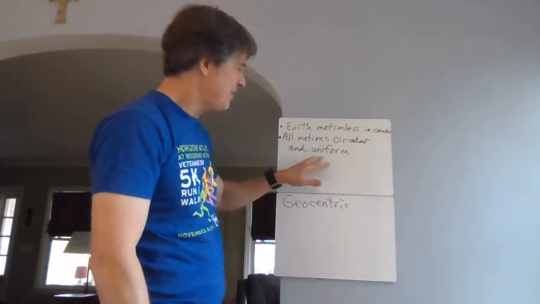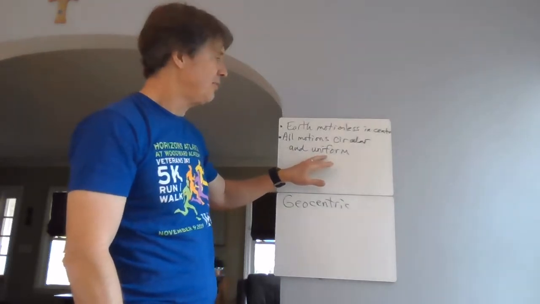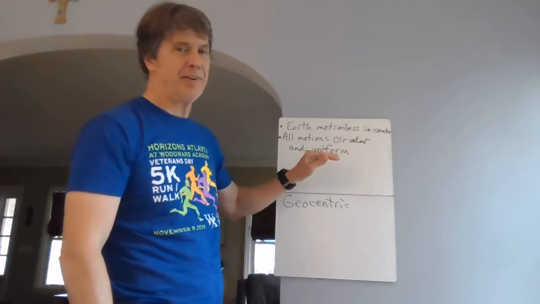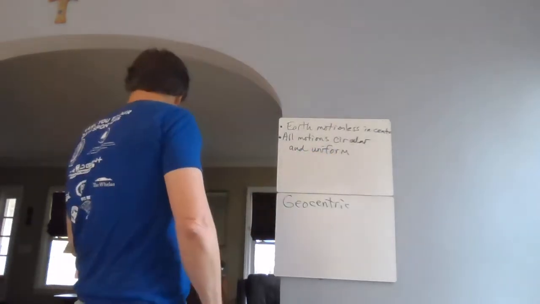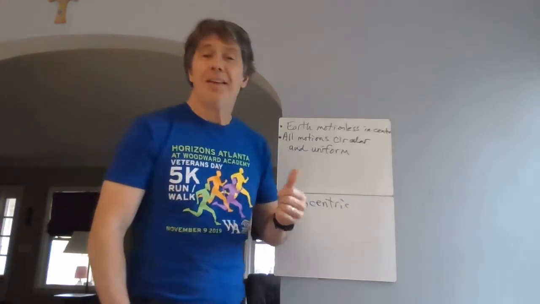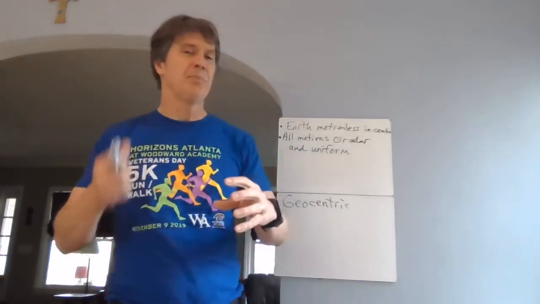In any case, this basic ancient Greek thought went on for hundreds of years of development. There was another idea that the sun might be in the center and the earth might go around it.